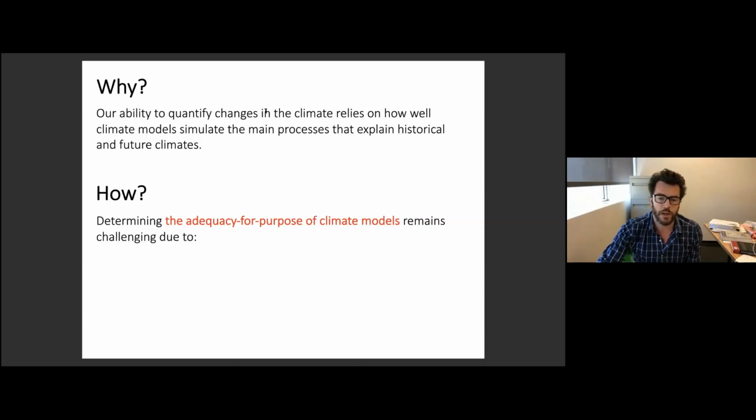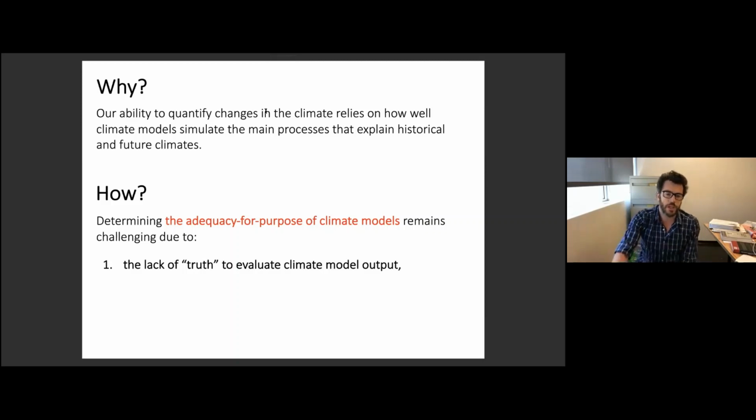Overall, there are many different ways we can evaluate models, but there are a few challenges that are common or appear most of the time. And I listed here some of those challenges. The first one is that we often lack a reference to evaluate the climate model output.